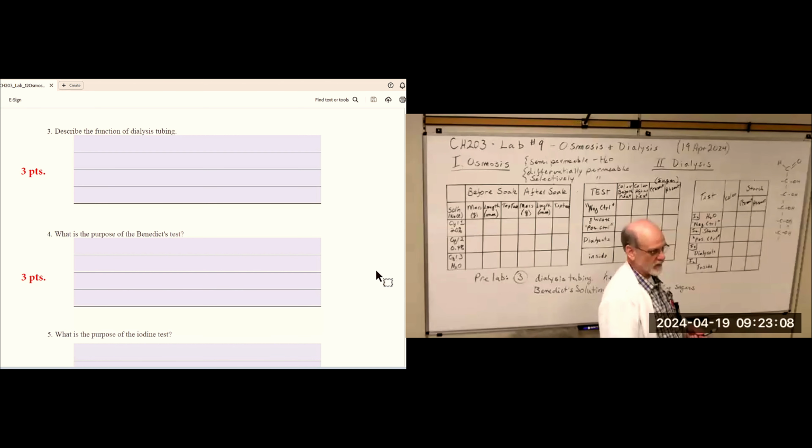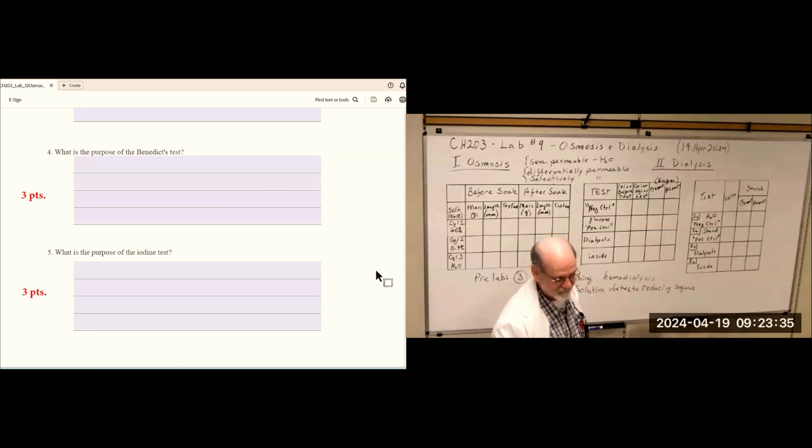How about iodine? What's the purpose of iodine? As an indicator, the iodine test detects starches. It'll turn a very dark purple in the presence of starch. Now, the chemistry behind it is rather complex, so we're not going to bore you with that.